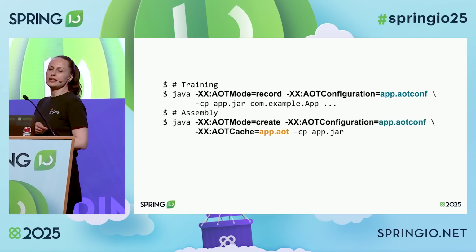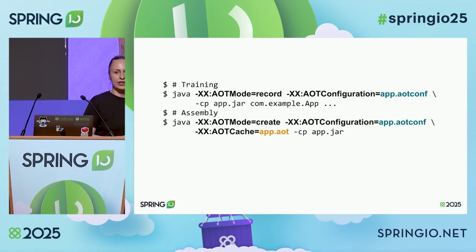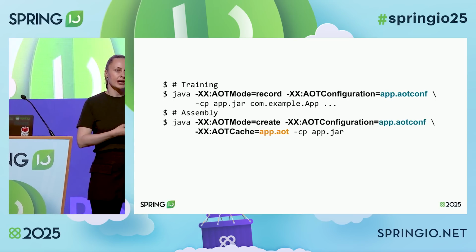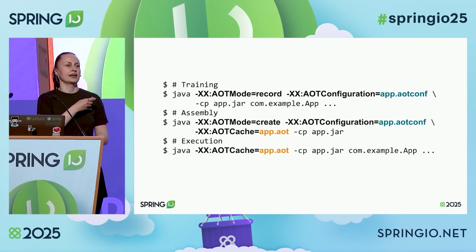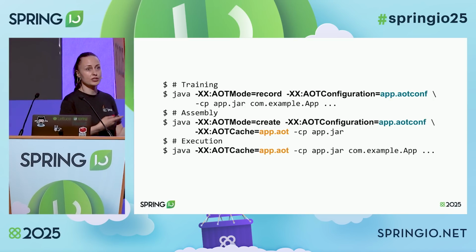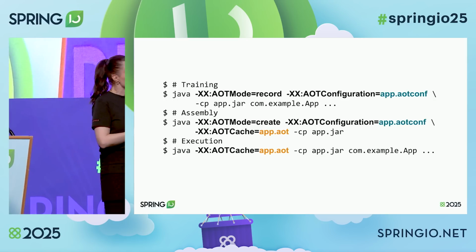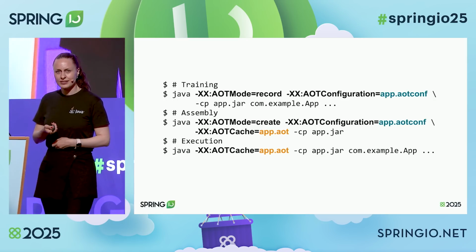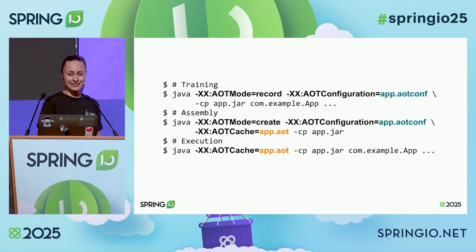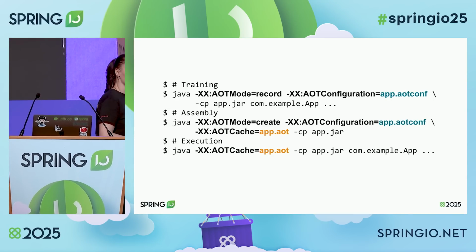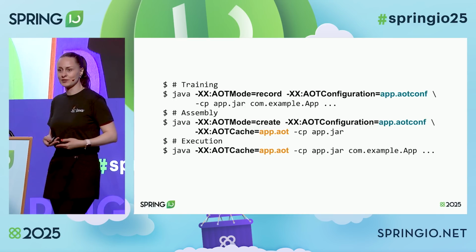Secondly, we need to assemble and convert these observations into an ahead-of-time cache that we can further feed to our application at runtime, when we profit from these results and run our application with the AOT cache. Now, this kind of pattern in three steps is familiar to some of the people that have tried class data sharing, right? So this is what AOT work is, in fact. It's actually an evolution of CDS.